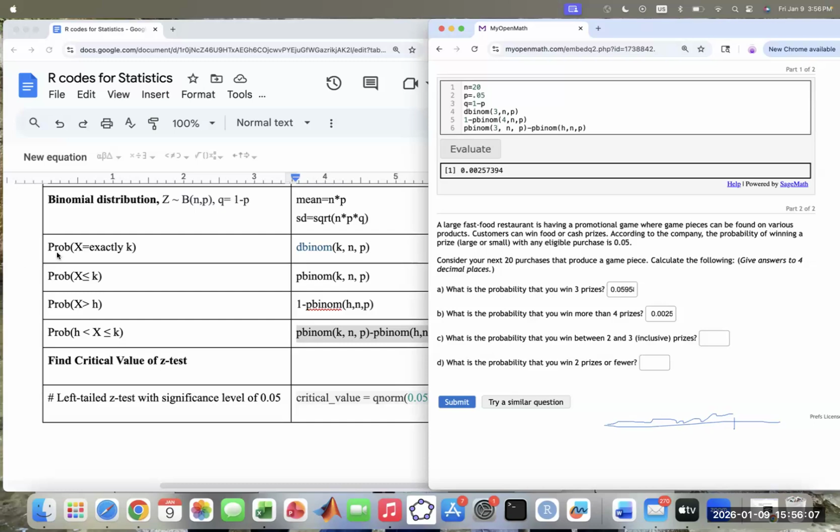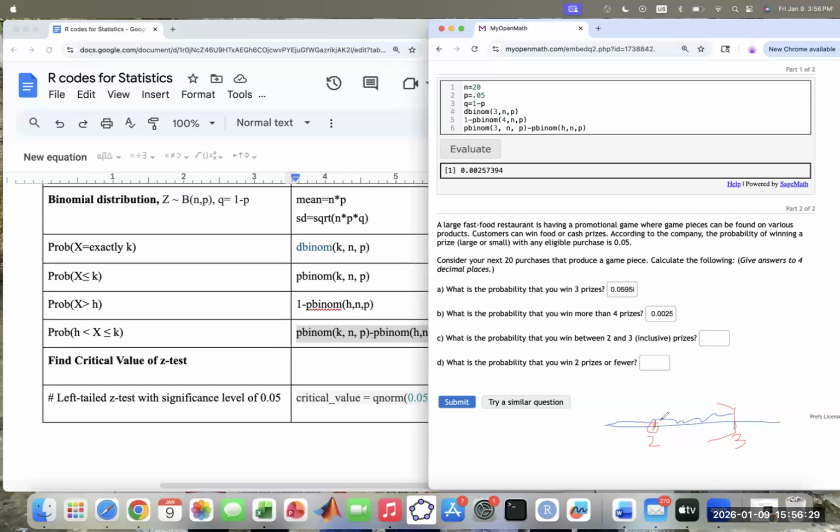Let me change the color here. This here is 2, and this is 3 right here. So I want 3 included, right? I have less than 3, and then I want more than 2, so this one not including this part right here.